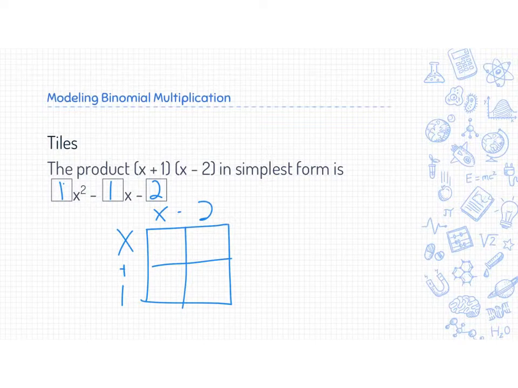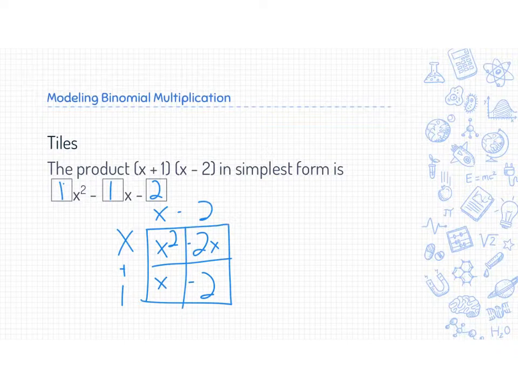You're doing the same thing here. So what that means is this x, as I multiply it with this x, they meet in this box here, meaning I get x times x, which is x squared. And then x times the negative 2 is a negative 2x. And then we go across the bottom, so I go 1 times x is x, and 1 times the negative 2 is a negative 2.